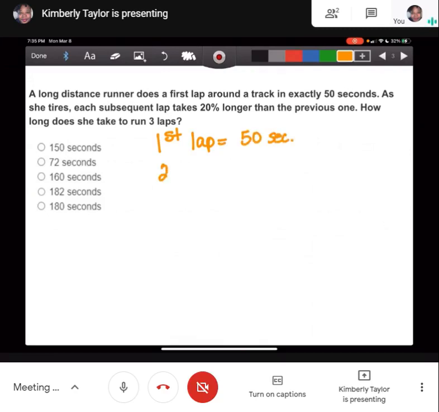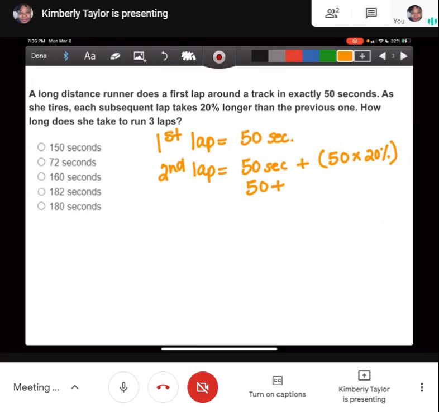Now the second lap is going to be 50 seconds plus 20% of 50 seconds. So let's calculate that first. 20% times 50 is going to get you 10.